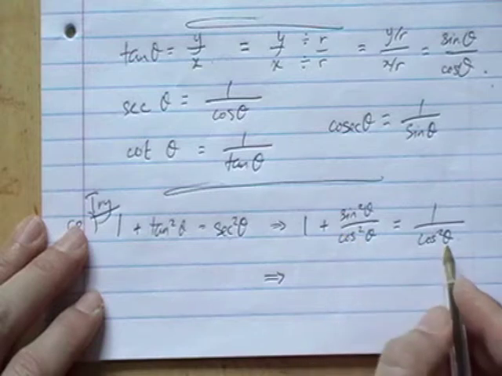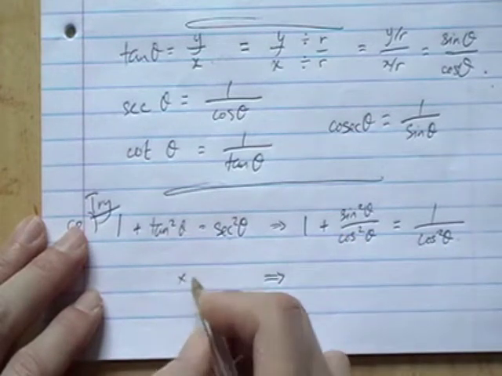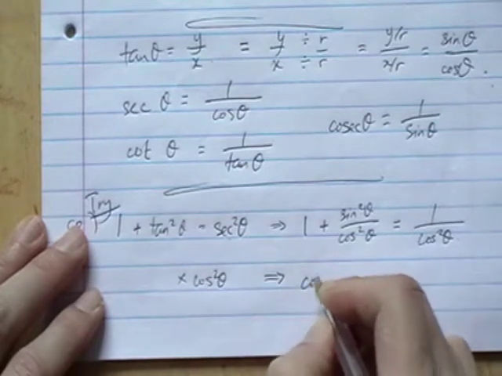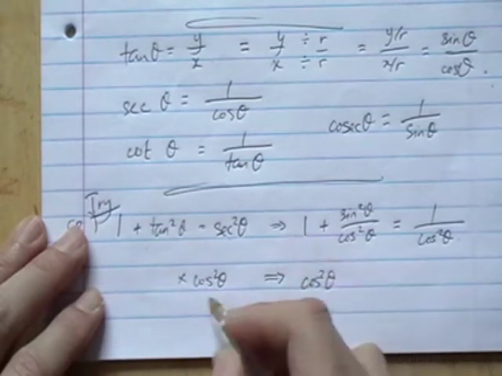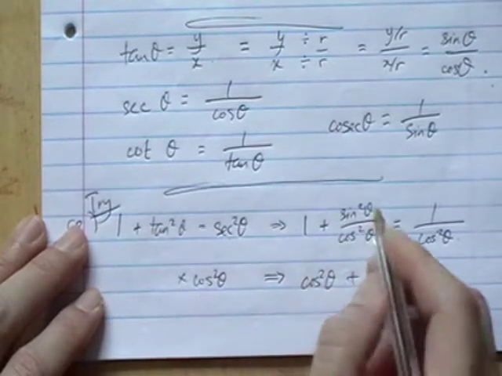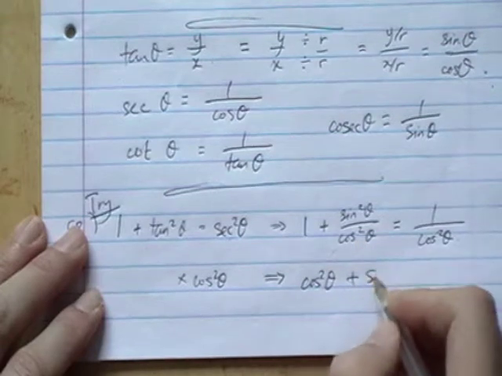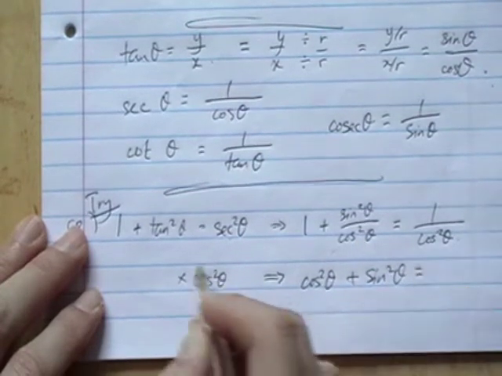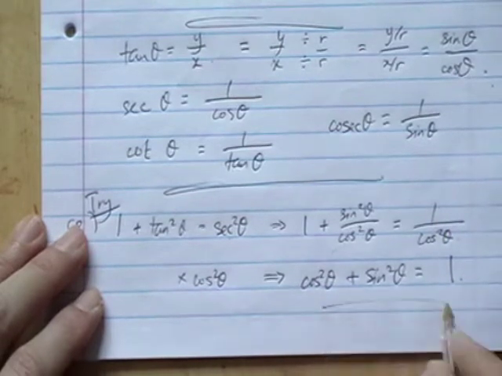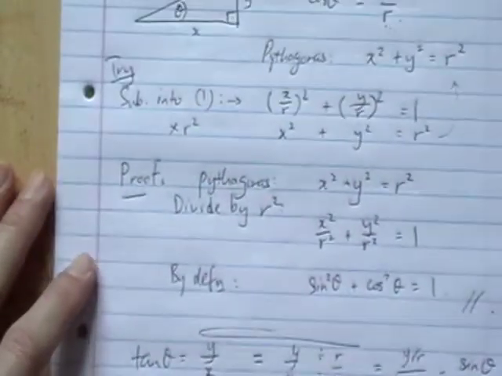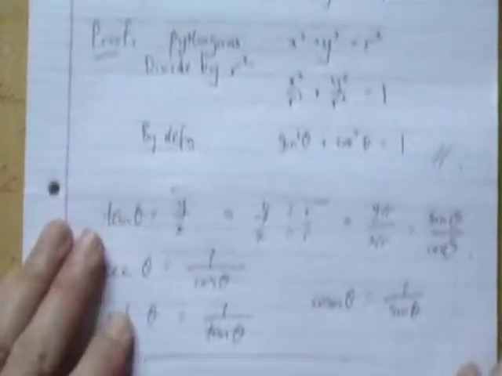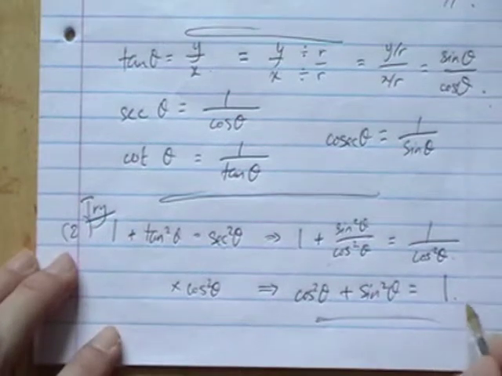So I would multiply by cosine squared theta on both sides. That gives cosine squared theta times 1 gives cosine squared theta, plus cosine squared theta times this cancels out the bottom and leaves sine squared theta. Cosine squared theta times 1 over cosine squared theta is 1. Now that is our familiar identity that we just proved from here. So this is what we know to be true.